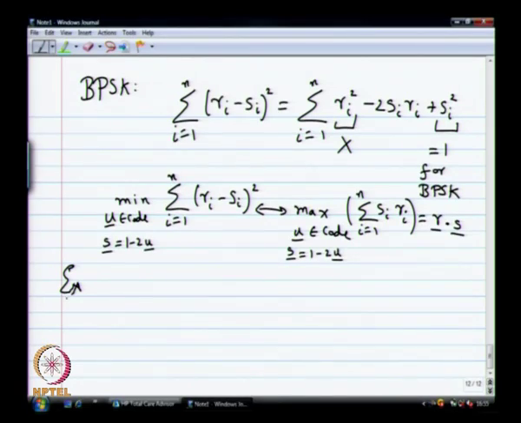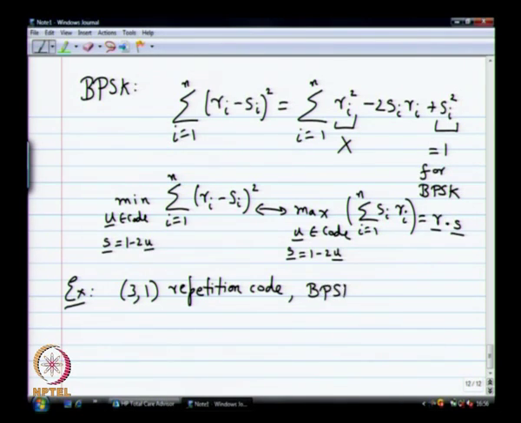Okay. So now it is time for an example. Let us do a very simple example and see how this works. The example we will do will be a 3-1 repetition code. I am going to give you some received vectors, and you have to tell me the message. 3-1 repetition code, BPSK over AWGN, of course it is always going to be true.